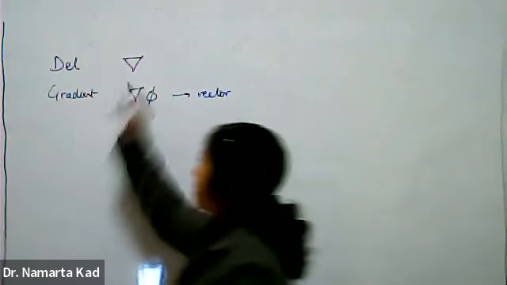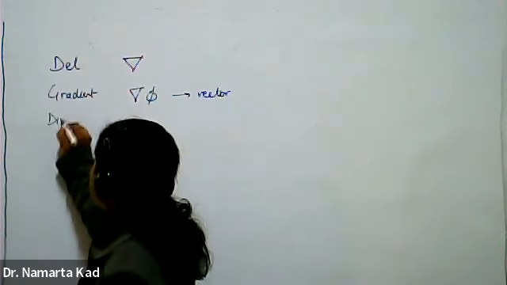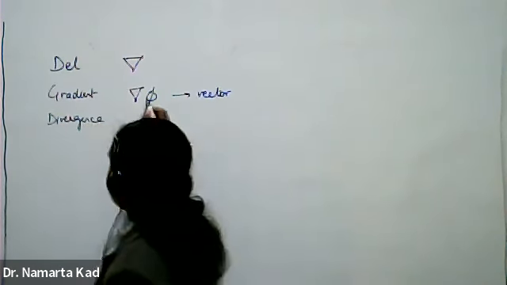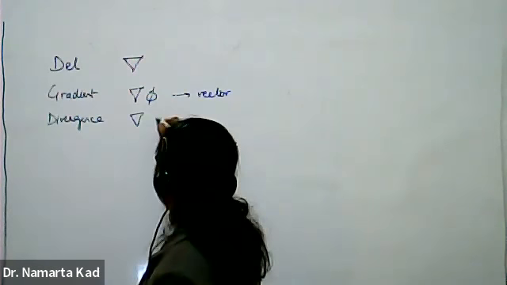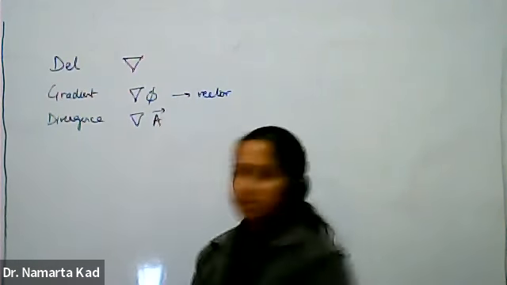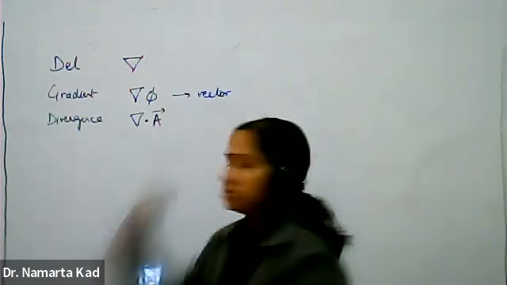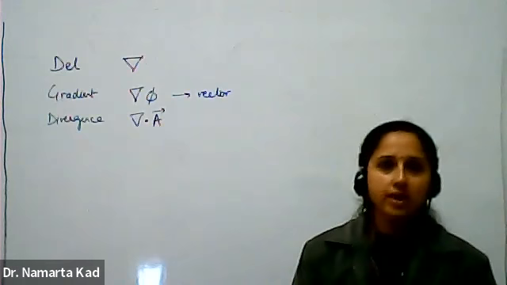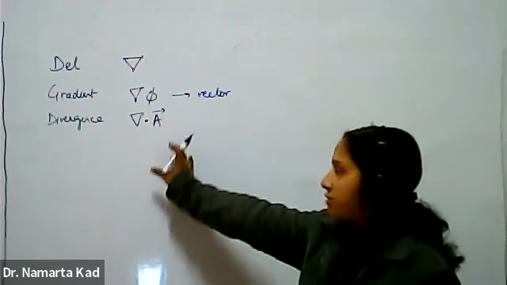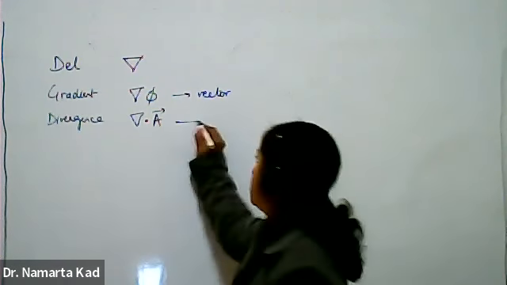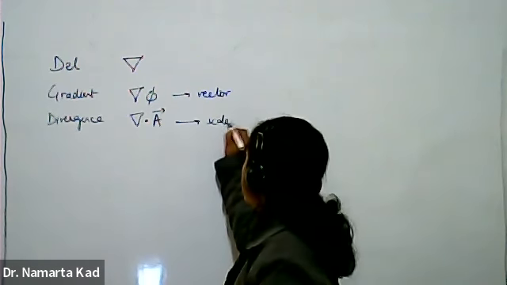After gradient, we covered the divergence, that is del dot a vector. Here it is a dot product, del dot a vector. After solving this divergence, you get a scalar quantity.